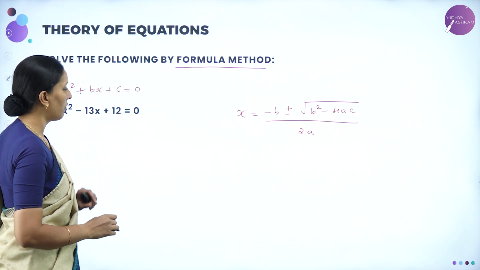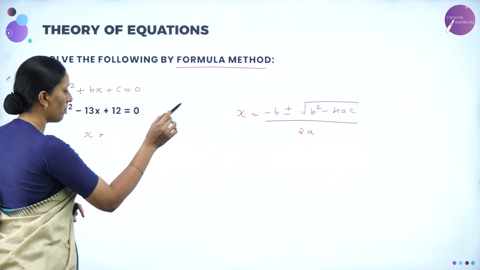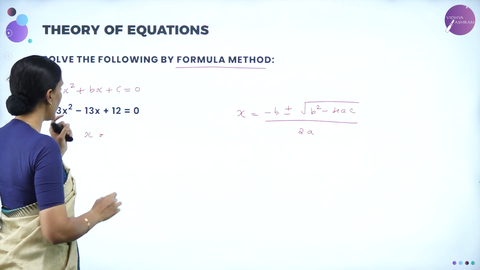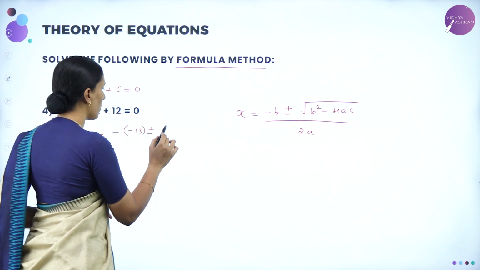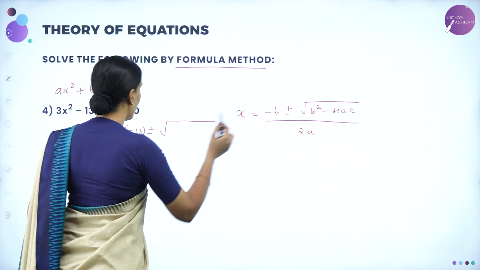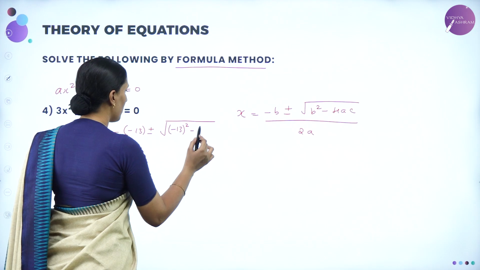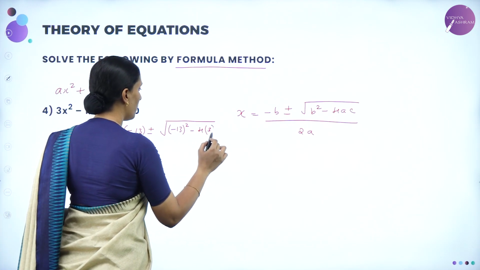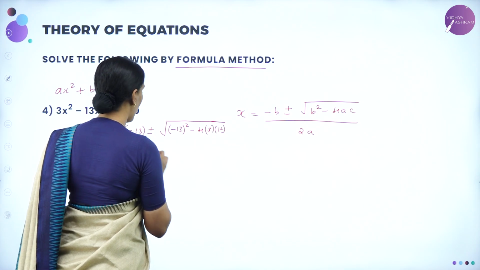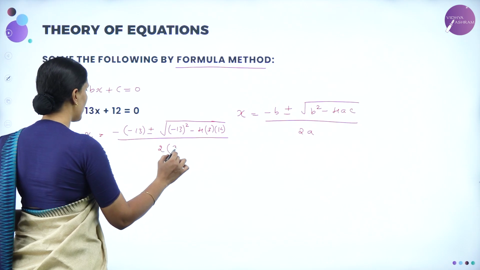Now using that formula, we can find the value x is equal to minus b. Here it is already minus, so minus of minus 13 plus or minus square root of b square, which is minus 13 whole square, minus 4 into a into c, that is 3 into 12, under the square root, whole divided by 2 into the value of a, which is 3.